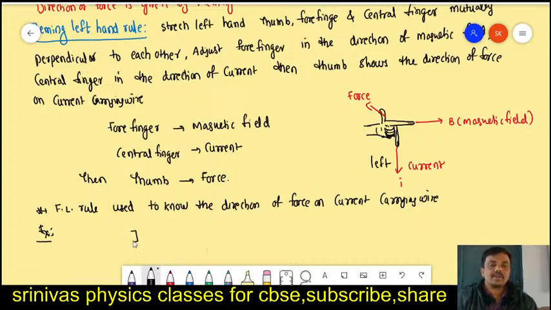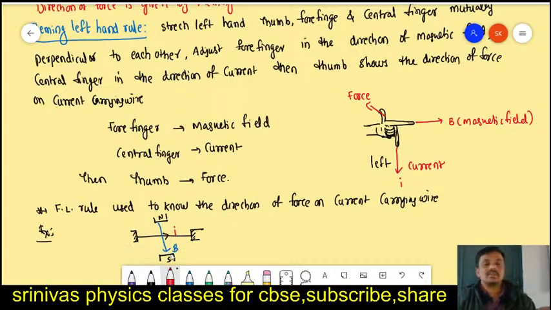You take this current carrying wire. Current is like this. We kept the north pole here and the south pole here. The direction of the magnetic field is downward. The current is to the right side. What is the force on this? Just adjust the current direction.